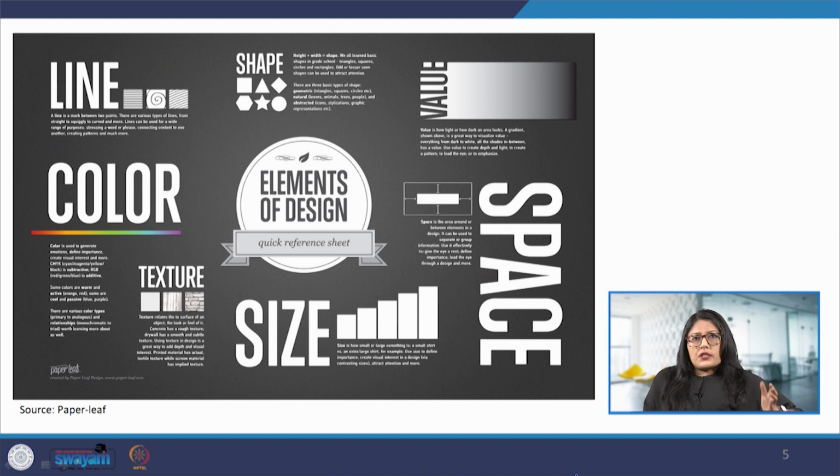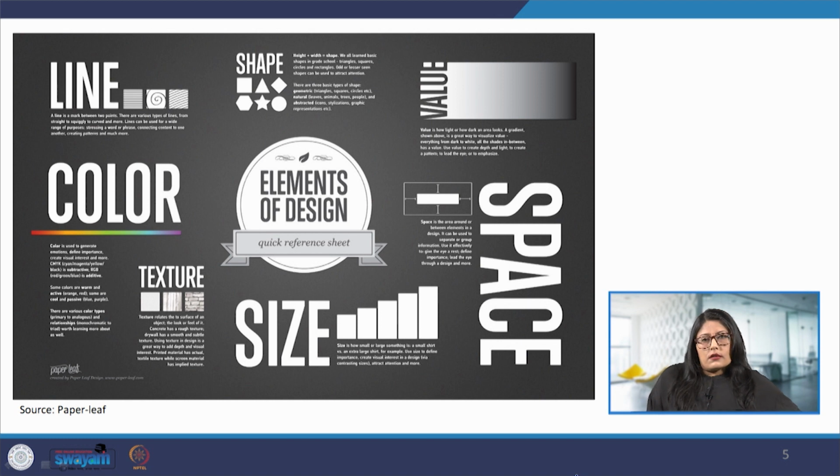This is a quick glimpse of those building blocks. First is the space in which we are working, then we have dot, line, shape, size, color. All these attributes determine how the user is going to perceive the work presented in that space and how minor modifications can enhance it.